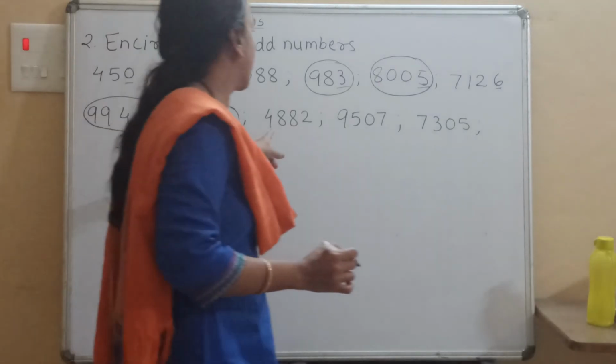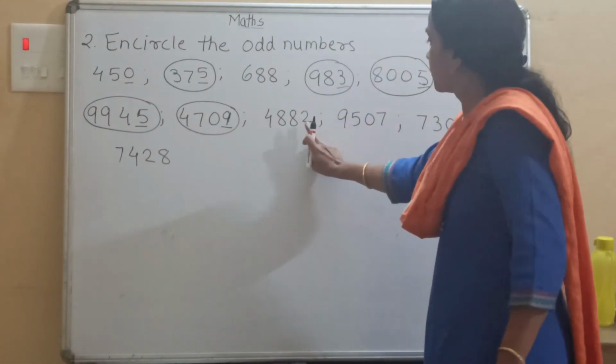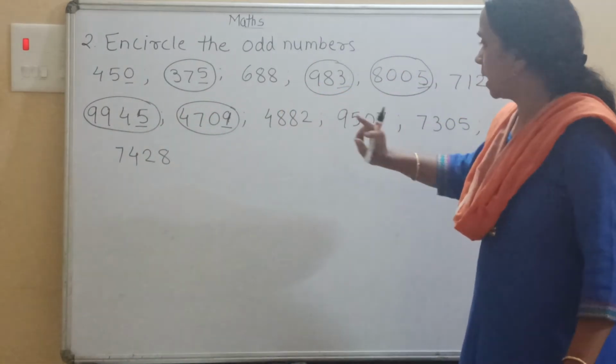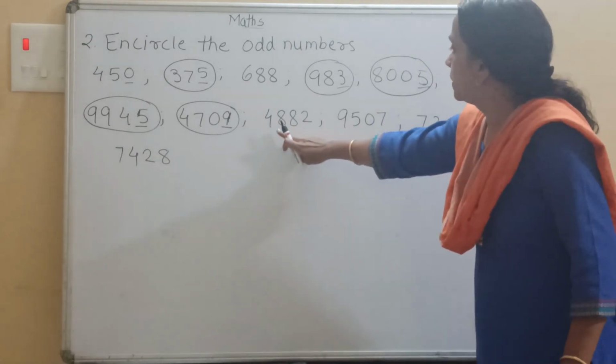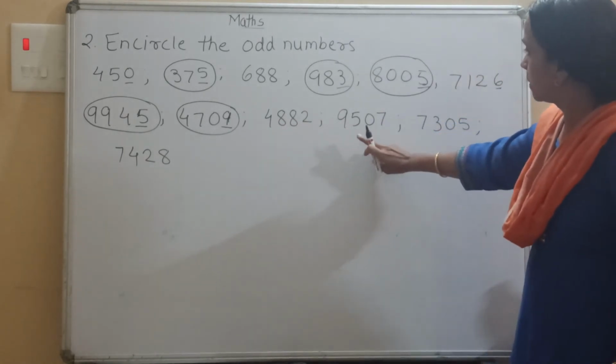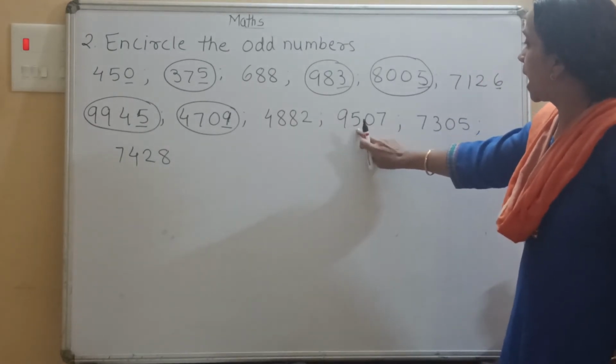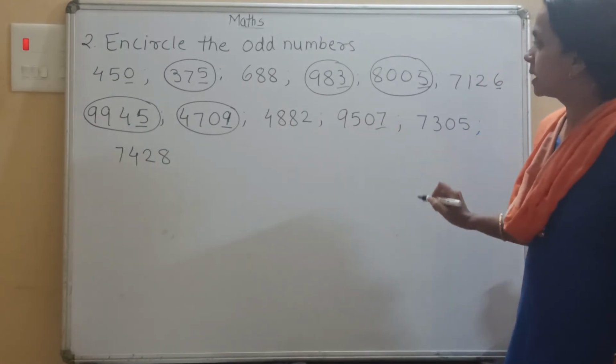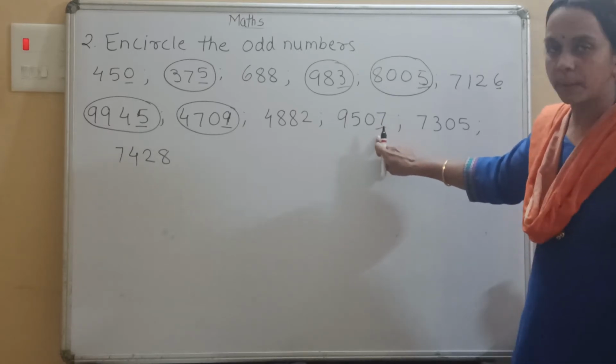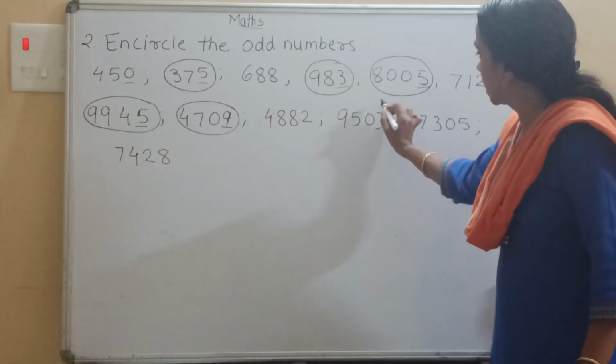Then 4882 ending with 2, 2 is an even number, so this number is an even number, so no need to circle that. Then 9507 ending with 7, 7 is an odd number, so we have to circle this number.